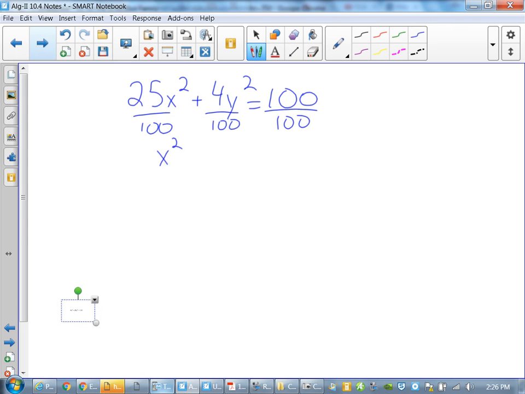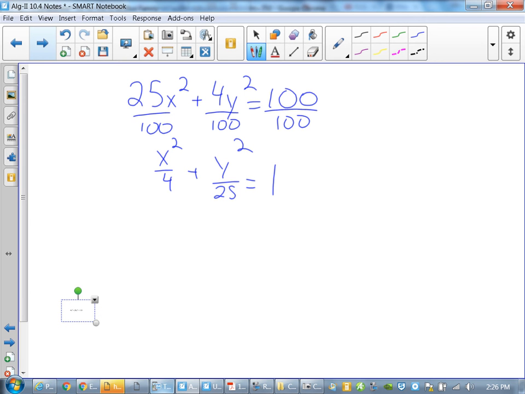We get x squared over 4 plus y squared over 25 is 1. And no, it doesn't always happen where they're reciprocal. It doesn't always happen that way. It just seems like it.